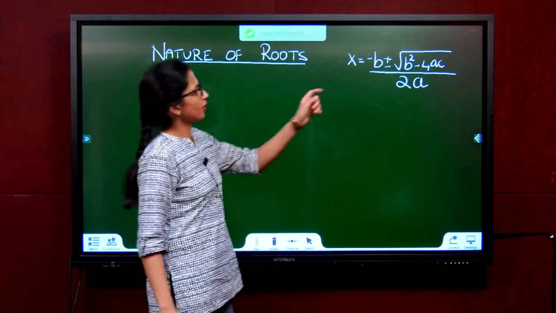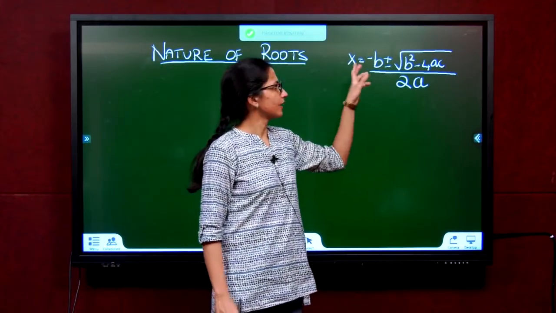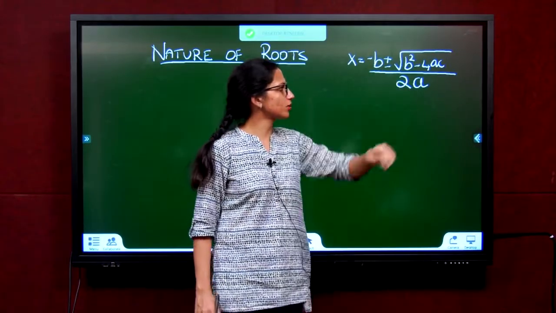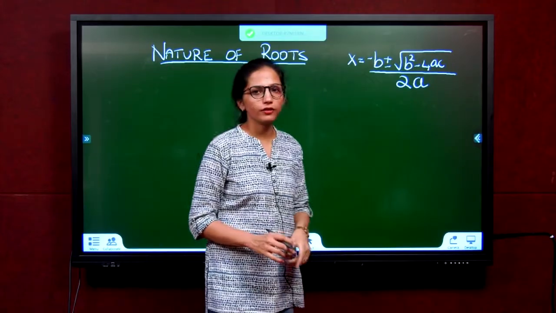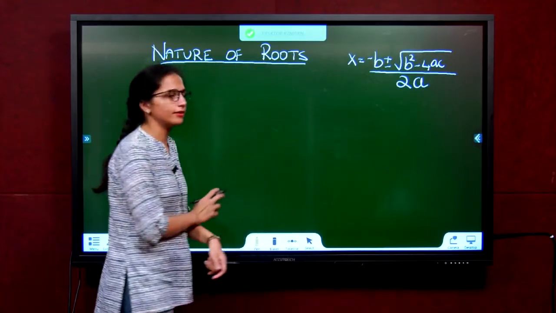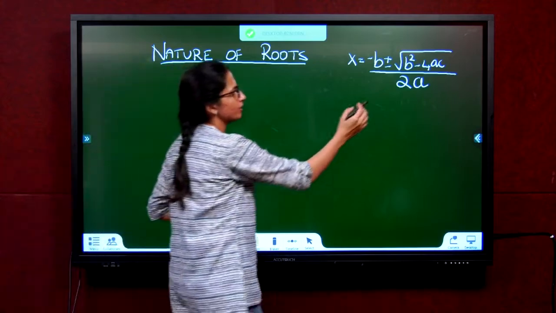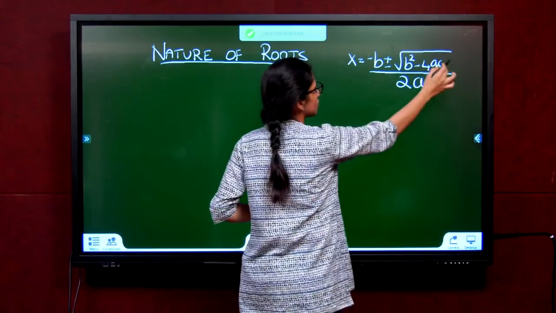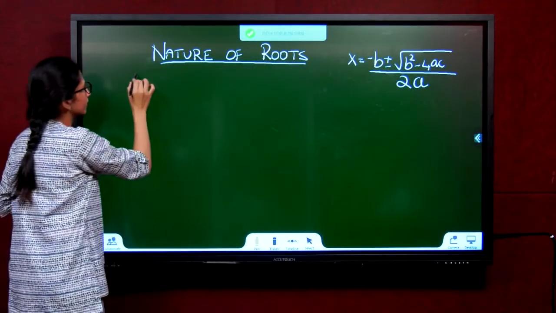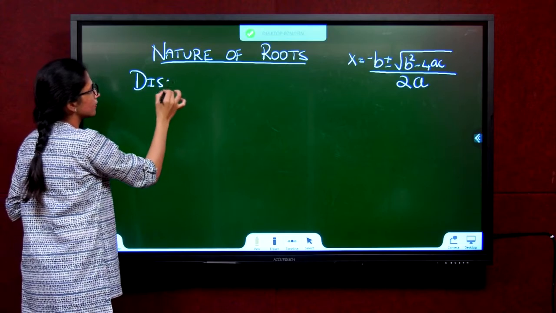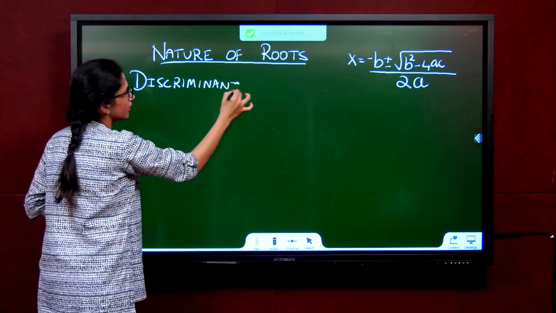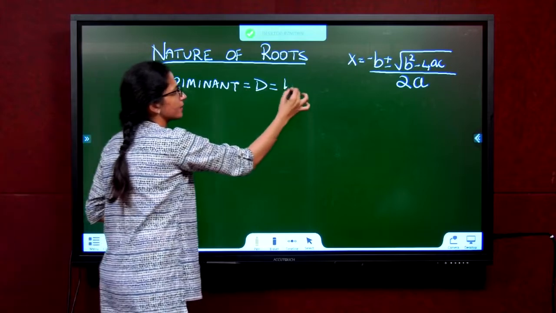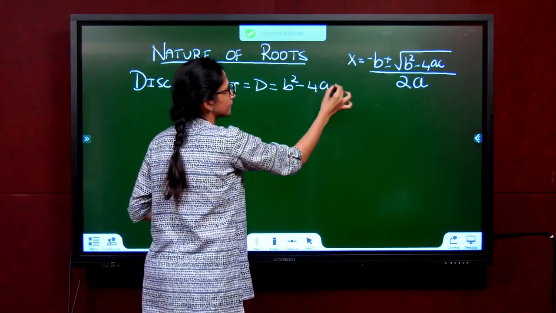What we studied until now was the quadratic formula. x equals minus b plus or minus root b square minus 4ac by 2a. But there is a condition for this. What is the condition? This b square minus 4ac is known as the discriminant. It's nothing but b square minus 4ac.